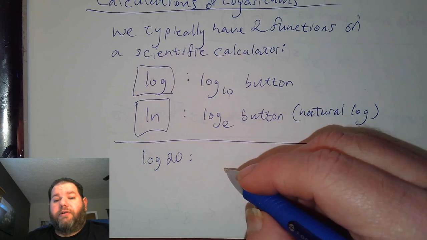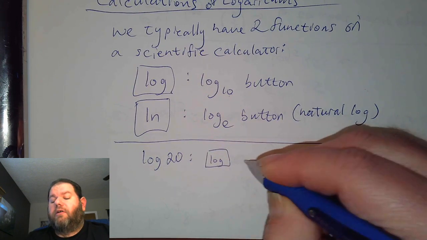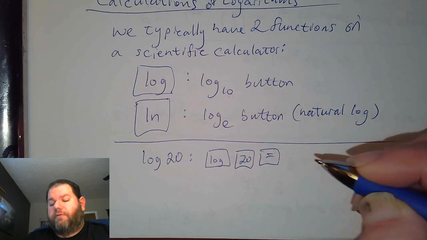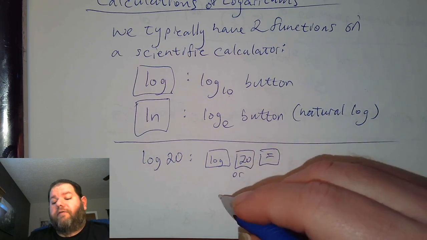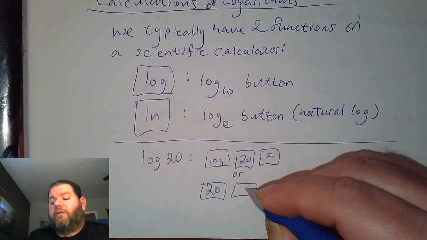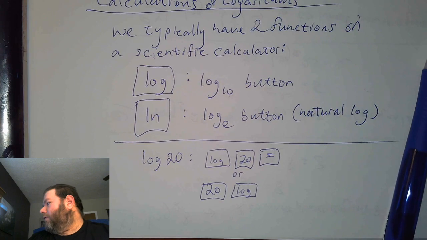We would either have to press log first, and then the 20, and then enter or equals, or on other calculators you'll have to enter the 20 first, and then press the log button. So the order turns out to be pretty important.